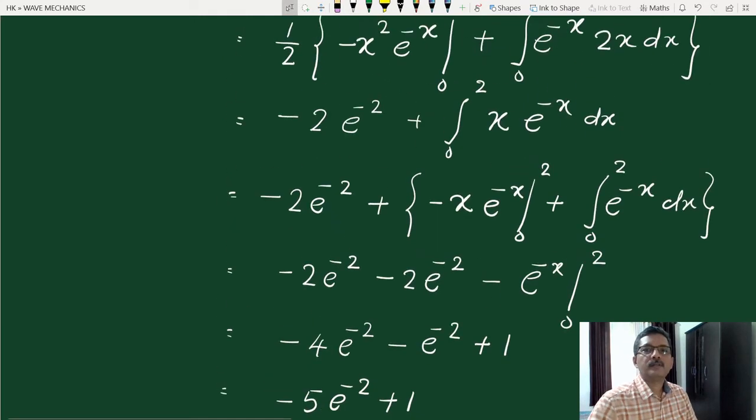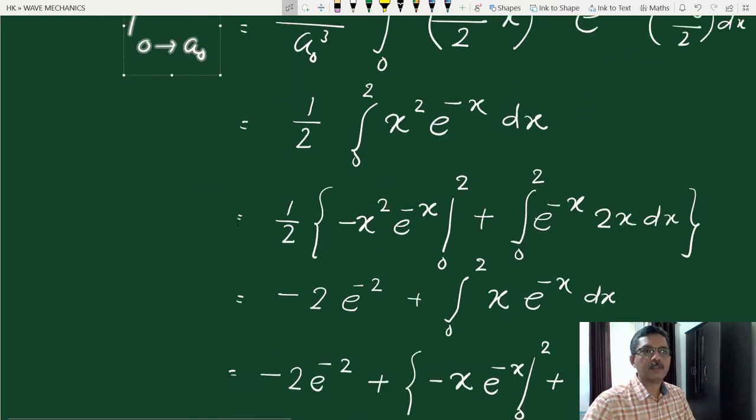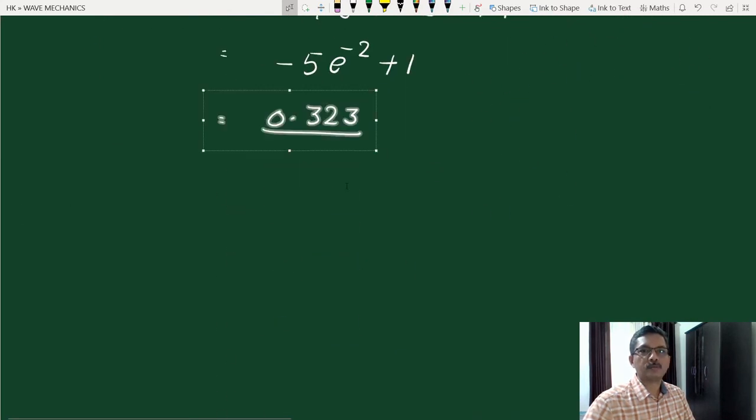So the probability for the electron to be found between 0 and A0 is 0.323. If you convert this into percentage, it is nearly 32%. So it means that if we make 100 measurements of the electron's position when the electron is in the 1s state, nearly 32 times the electron will be found between 0 and A0.